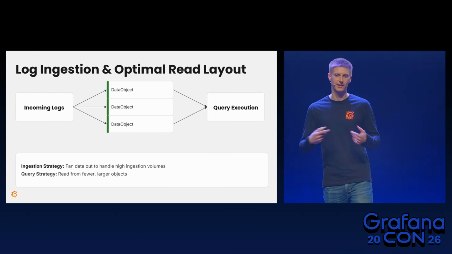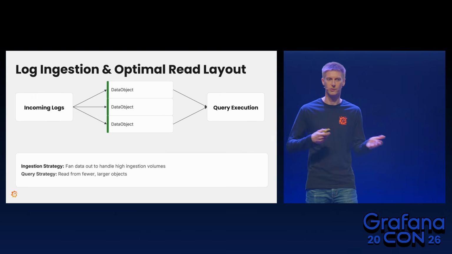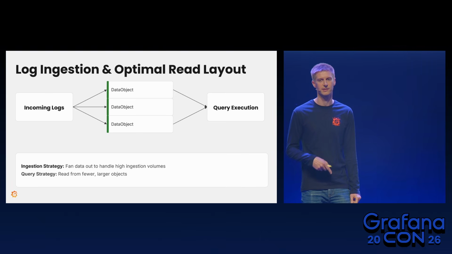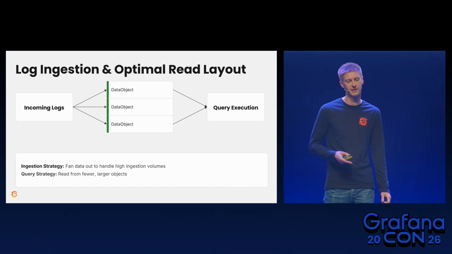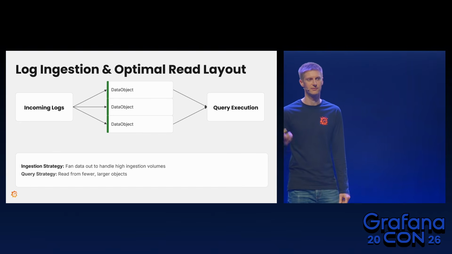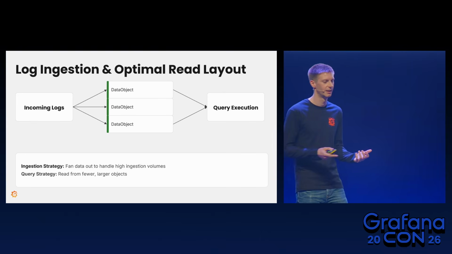We need to spread out the incoming logs into many different machines in order to handle the incoming load. That means we get a lot of different data objects of a fixed size to spread out the data. However, when we want to query that data, the query engine actually prefers fewer files that are larger and have more relevant data in each one.